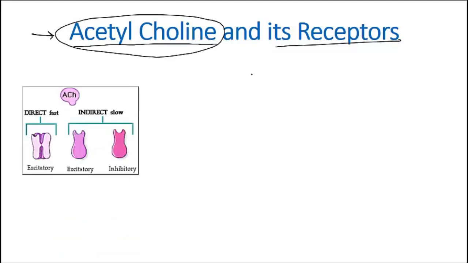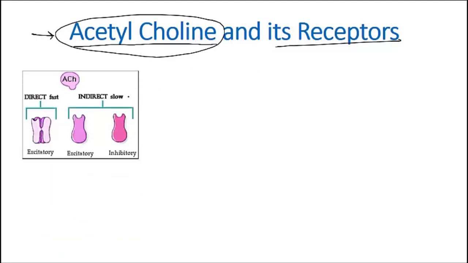Now there are two groups of these receptors associated with acetylcholine. One of the receptors is a cholinergic receptor, and the other one binds the chemical nicotine. So these cholinergic receptors bind to acetylcholine.